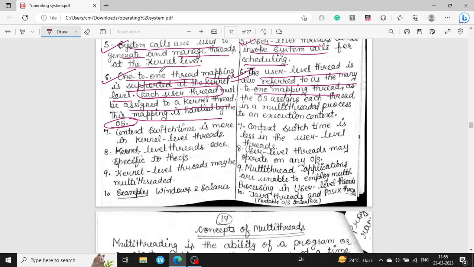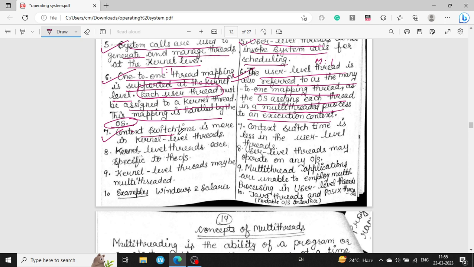In kernel level thread, one to one thread mapping is supported, while in user level thread, many to one thread mapping is supported. And the operating system assigns each thread in a multi-threaded process to an execution context.